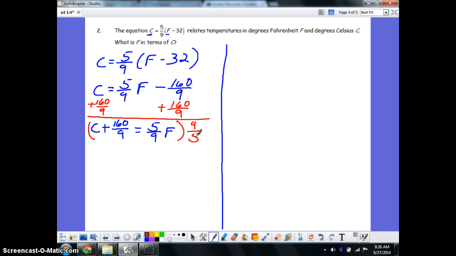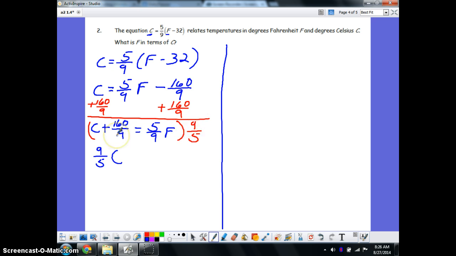So, when we do that, we get 9/5 C, multiplying the C by 9/5. Then we're taking the 160 ninths times 9/5.